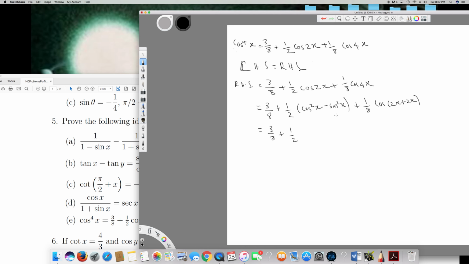So I'm going to turn that sin square x into cos square x. We know there's a basic trigonometric equation, which you should know: sin square x can be written as 1 minus cos square x. So I'm going to apply that 1 minus cos square x for this sin square x.